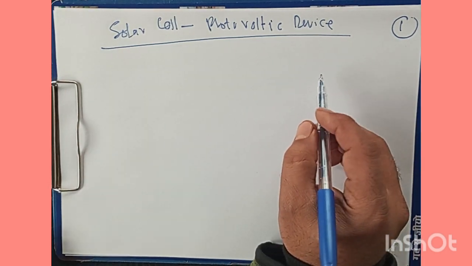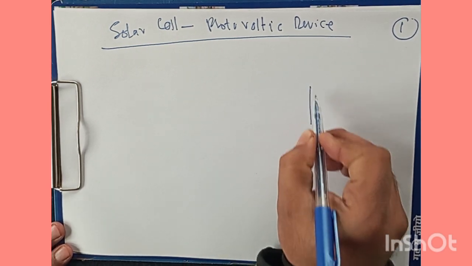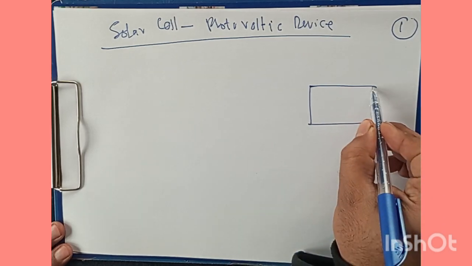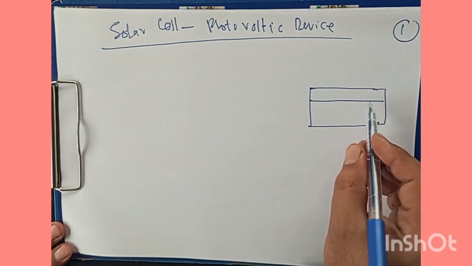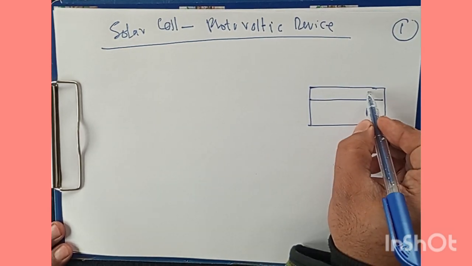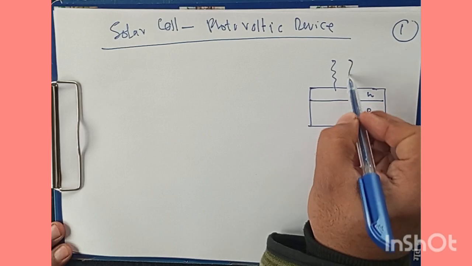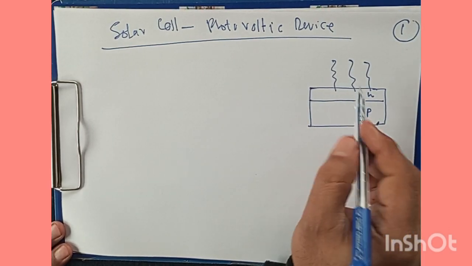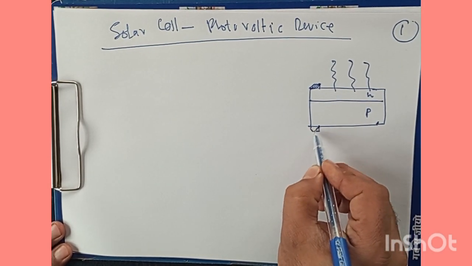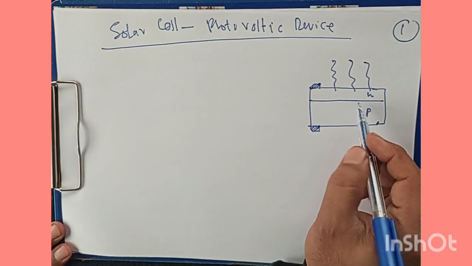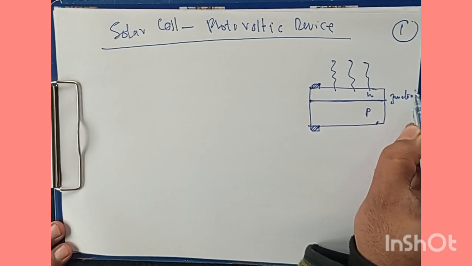Now, let me draw this solar cell. What it has: now this is P region, this is N region, and the light falls on this junction, and then here we have metallic contacts, and this is probably the junction, right?